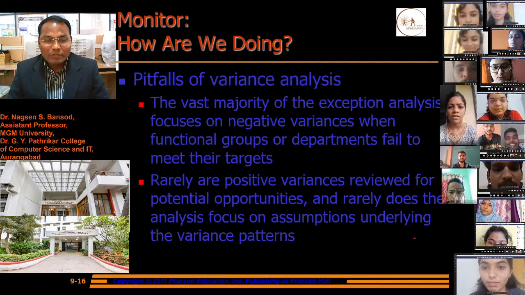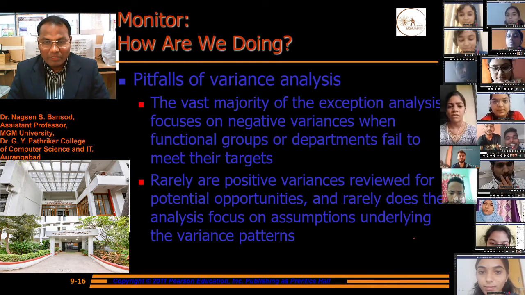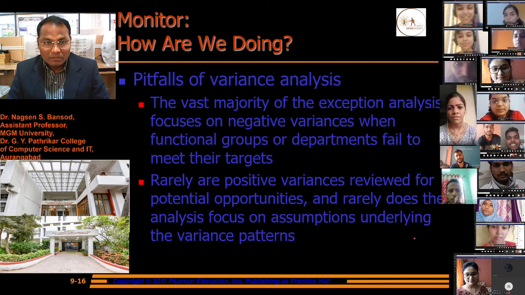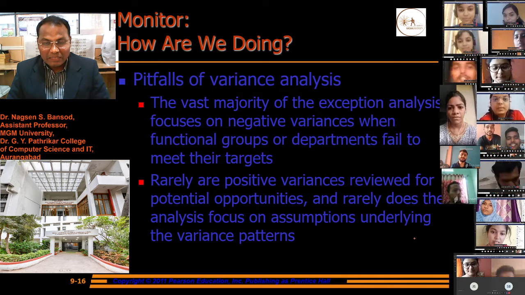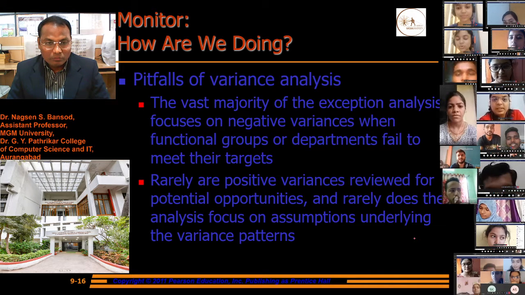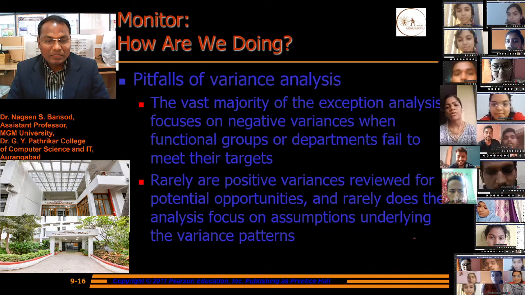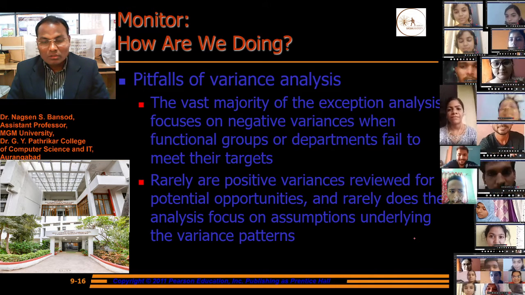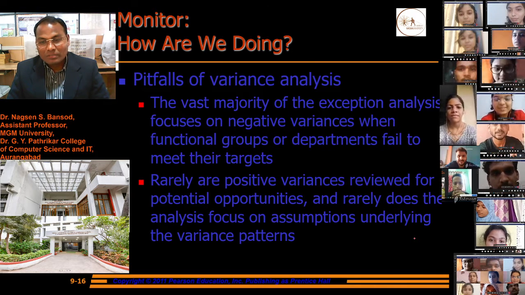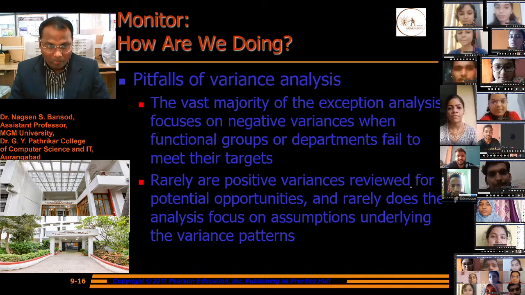How are we doing? Pitfalls of variance analysis. There is a model to monitor this, pitfalls of variance analysis. One of the models for how we are doing. The vast majority of the variance analysis focuses on negative variances, when the functional group or the department fails to meet their target.